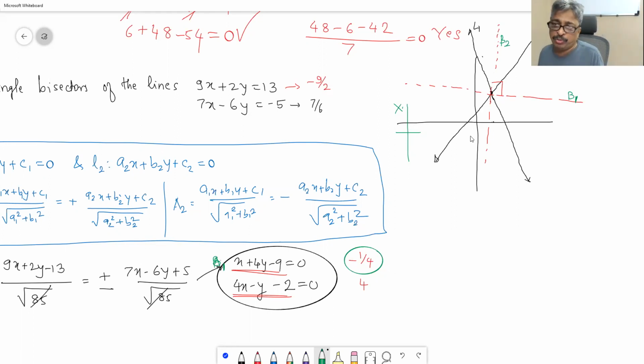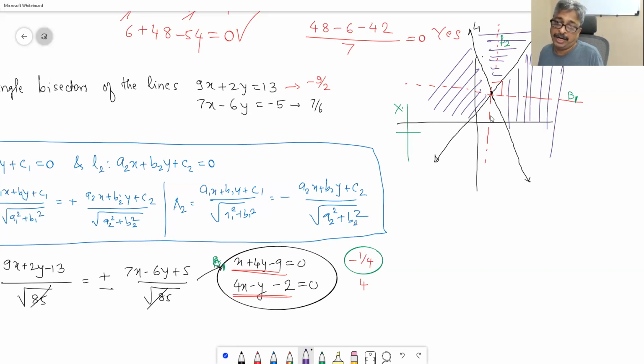Now the question is going to be like this. L1 and L2 create 4 quadrants: 1, 2, 3, and 4. Two intersecting lines will create 4 parts of the plane.